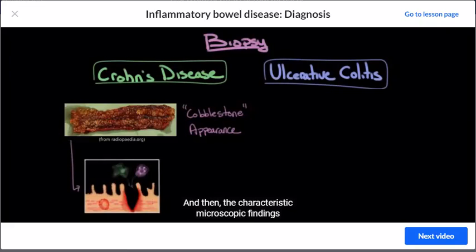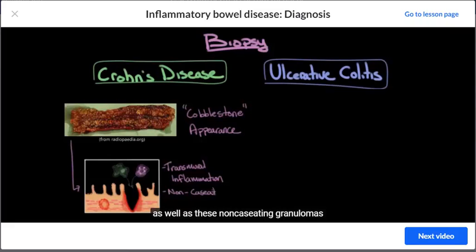And then the characteristic microscopic findings of Crohn's disease are this transmural inflammation, in which the inflammation caused by the disease goes through all three layers of the intestinal wall, the mucosa, the submucosa, and the muscularis externa, as well as these non-caseating granulomas, which is demonstrated here. And these granulomas are a sign of chronic infection.